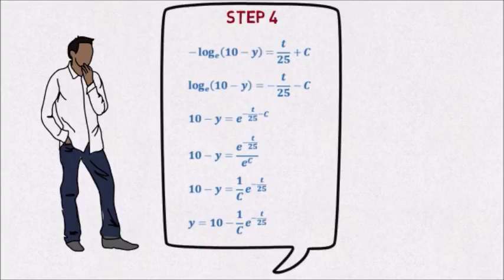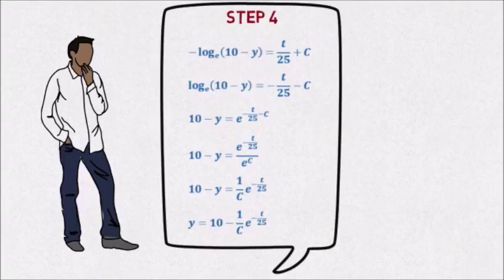Next, we will solve the equation by first moving the negative from the left side to the right side, and we will remove the log base e by multiplying the whole equation by exponential e. So we will get the answer 10 minus y equals exponential negative t over 25 minus c.